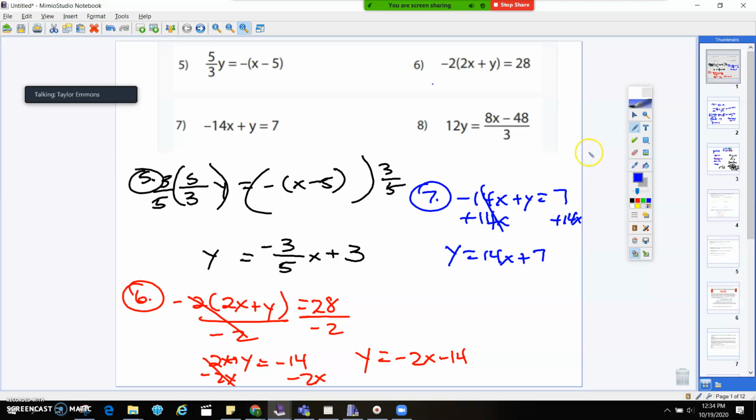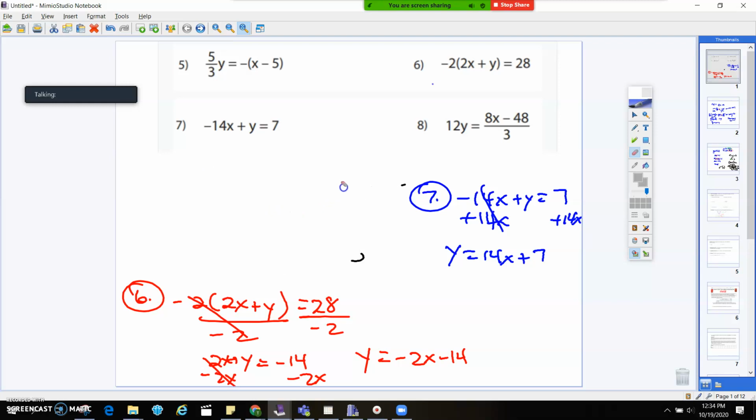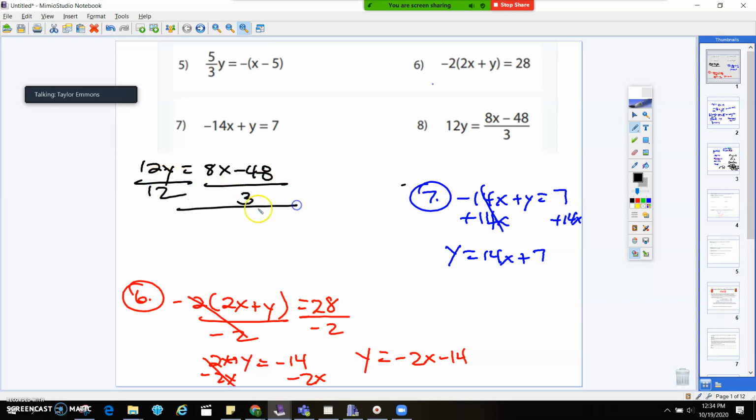And 8 is a little tricky. So on 8, we've got 12y equals 8x minus 48 divided by 3. We want to get y by itself, so we're going to divide by 12. So we're going to do keep, change, flip.